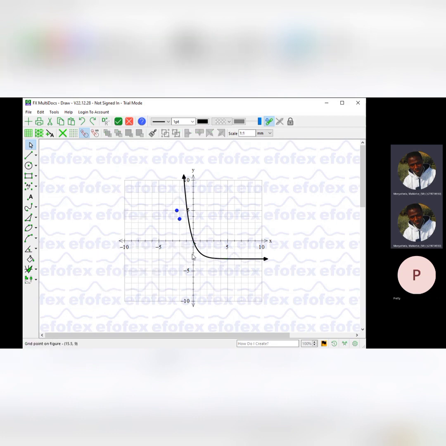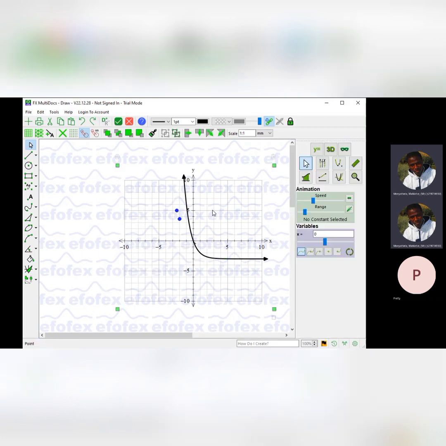So your graph is supposed to be like this. But remember that on this line, if it's -1, -2, -3, here you're supposed to have a dotted horizontal line to show that you have an asymptote at y equal to -3.